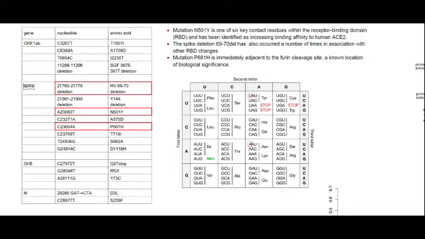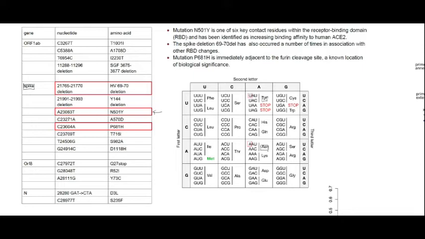The first one, which is kind of the most important of them, is this asparagine 501 tyrosine mutation. These are the bases that are mutated in the genome, and this is the resulting change in amino acids. They have up here from that paper mutation N501Y, asparagine to tyrosine, and it is this base that is changing.